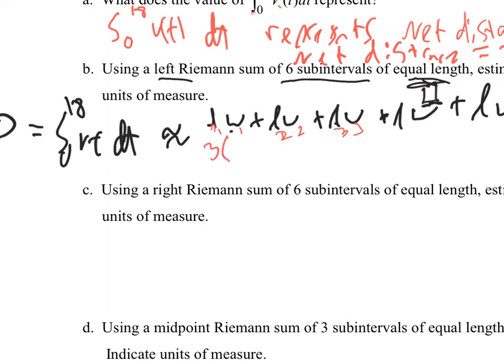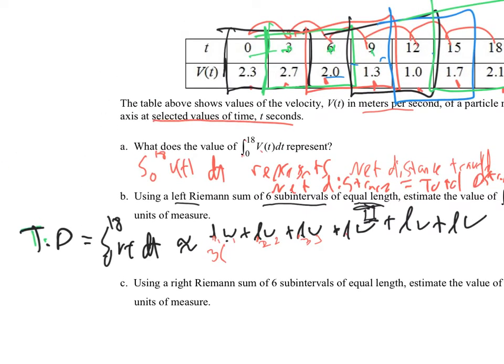With this length, the height of the rectangles, the lengths come from, he wants left, so it's going to be this one of this rectangle, this one of this rectangle, this one.